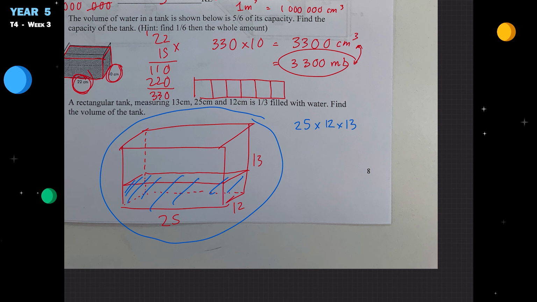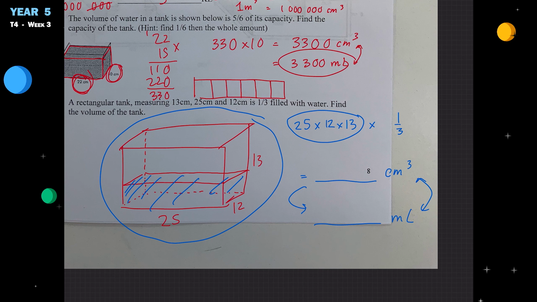And then once you have that, you're going to multiply by 1/3, because at the moment it's only 1/3 filled with water. So work out what this is, multiply by 1/3, and then you'll get an answer in centimeters cubed, right? And then I want you to change that answer to milliliters. These are exactly the same, so whatever number you get here, you get the same number here. And actually just leaving the answer like that is fine.